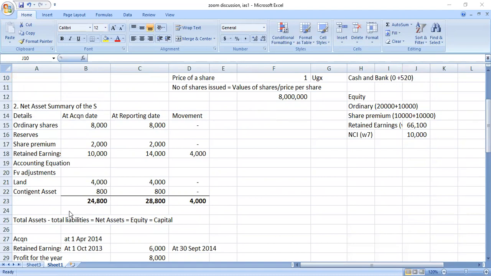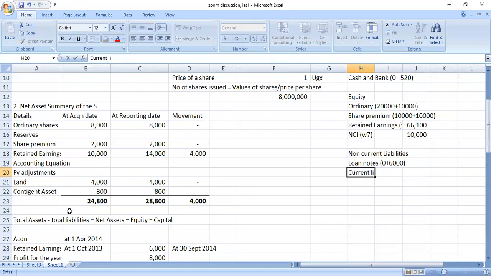Then you go to liabilities. Non-current liabilities. For non-current liabilities, we have loan notes, 8%, 6,000. The parent didn't have anything, but the subsidiary had 6,000. Then you have accounts payable under current liabilities.